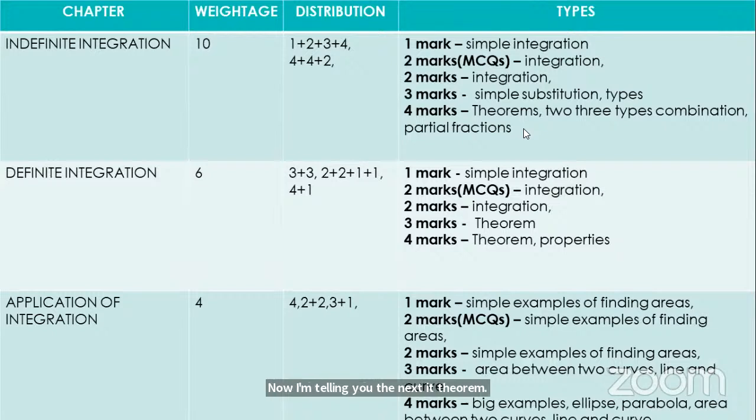Write the integration by parts theorem. Previously it used to be asked for 4 marks, but now they ask it for 3 marks. Sometimes they ask it for 4 marks. At that time they will add one small question with that, which is a 1 mark question. If you don't know the theorem, you can solve that 1 mark question and you will get 1 mark.